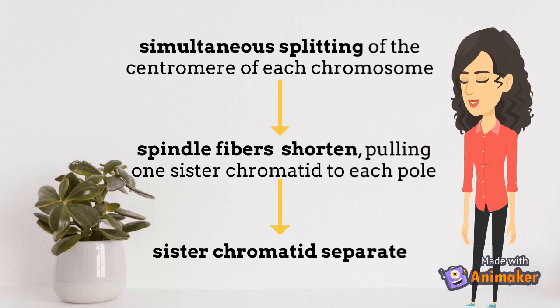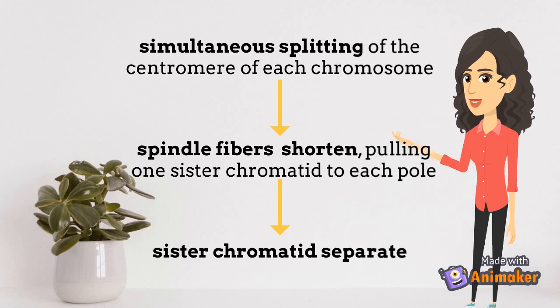After that, the spindle fibers will shorten and cause pulling of one sister chromatid to each pole. So in this stage, it's very important to remember that the sister chromatids separate. This is basically the main point of Meiosis 2 that helps in the cell division: the sister chromatids separate.